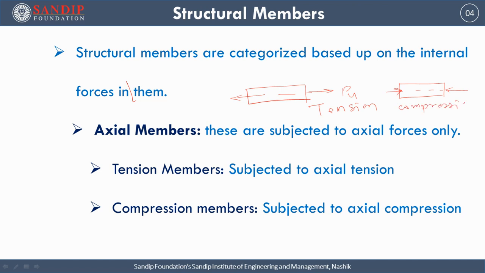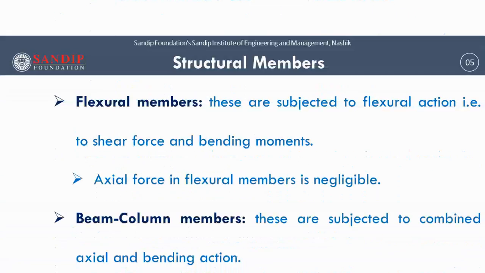So this is the classification based on whether pull or push is applied. If the member force is acting along the axis, it will be termed as axial structural member, and within that, tension member and compression member.